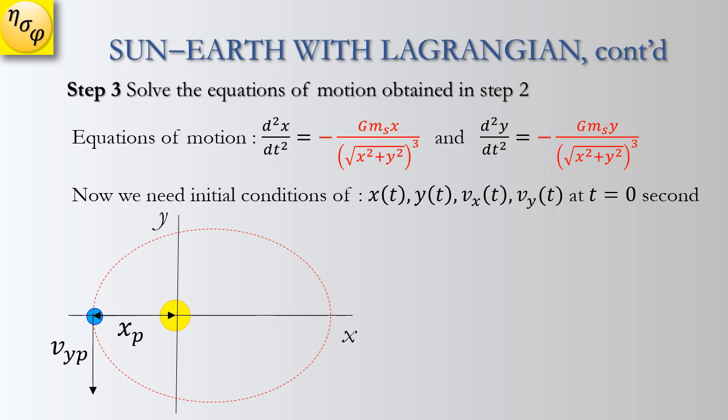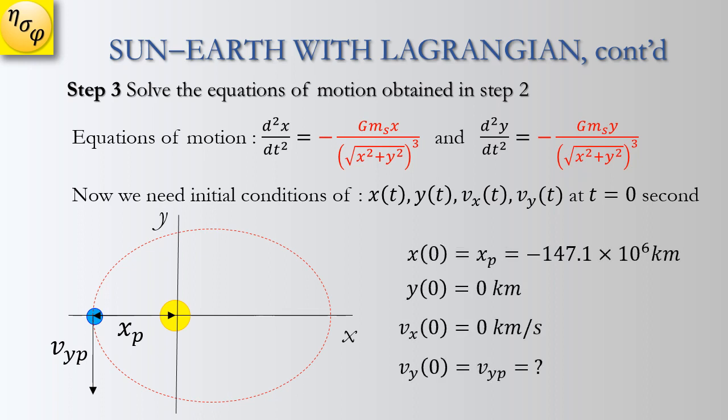So let us take the P point as shown in the illustration. Seeing this illustration, we can see that x at t equals 0 is equal to xp, which is negative 147.1 million kilometers. Y0 is 0 and Vx0 is also 0 kilometers per second. But how about Vy at t equals 0, which is the same as Vyp? We will calculate this in the next slide.